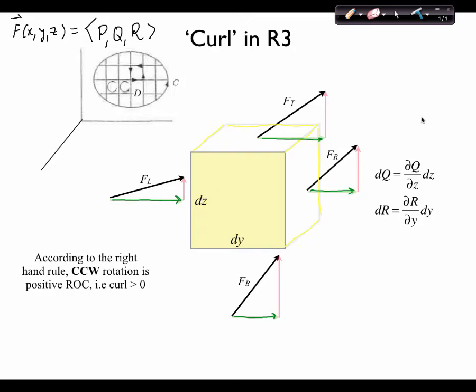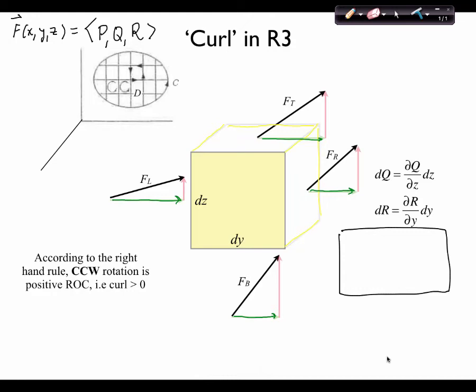So in this plane, what contribution to the curl will we get for the YZ rotation? What will it be? Can you write it down? I'm talking about in the YZ plane, parallel to the YZ plane, what will be my contribution to the curl?